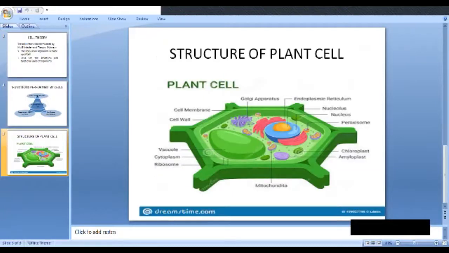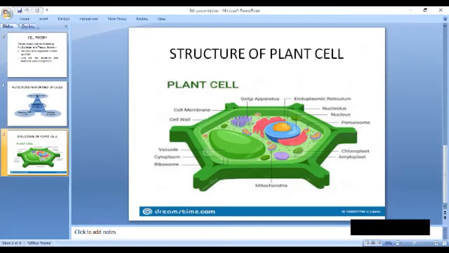Now, after that, we have studied about the structure of a plant cell. You can see in the picture of the plant cell, the fluid part inside the cell is known as the cytoplasm. Then another cell organelle present is the vacuole.